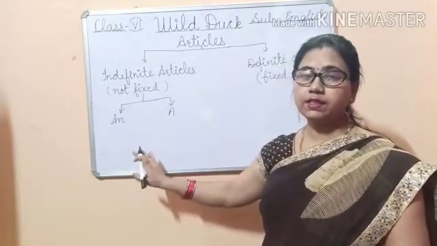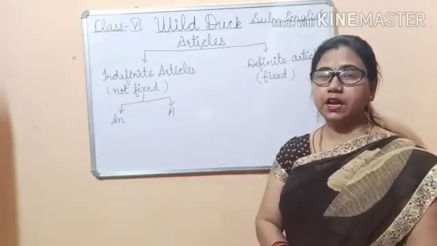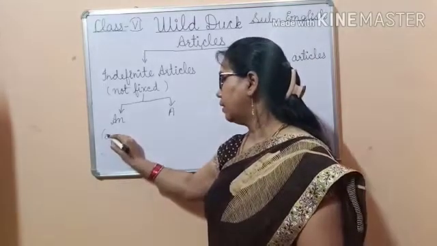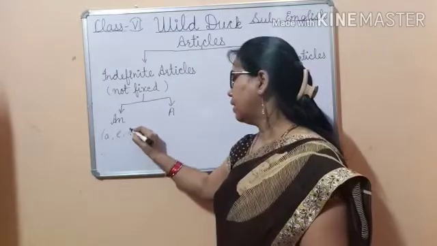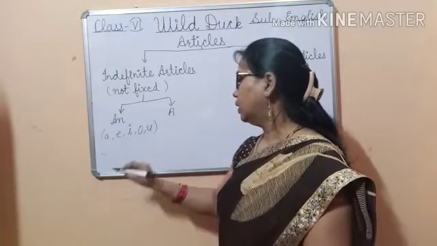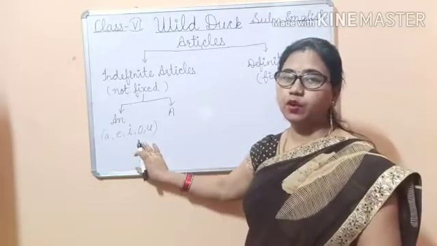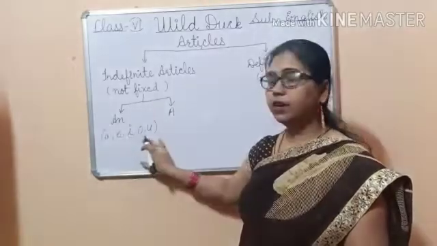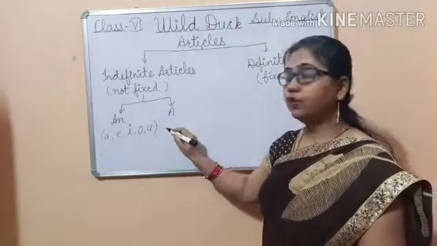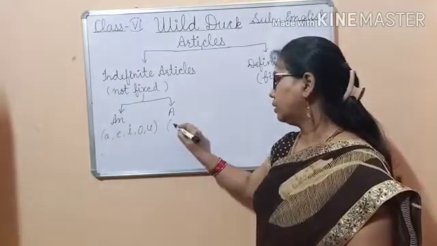And what are vowels? In our 26 alphabets, 5 letters are vowels: A, E, I, O, U. Except these 5 letters, the rest of the 21 letters are known as consonants.